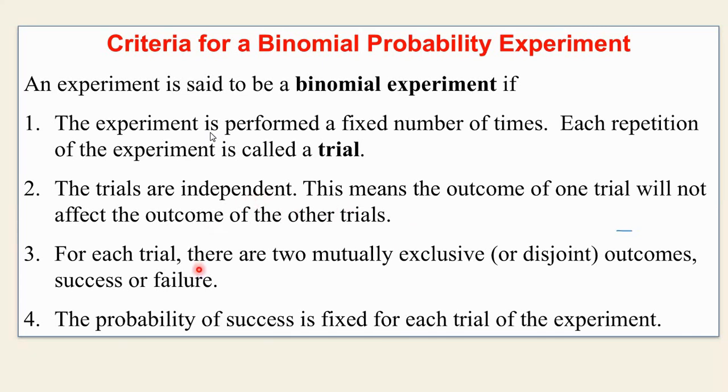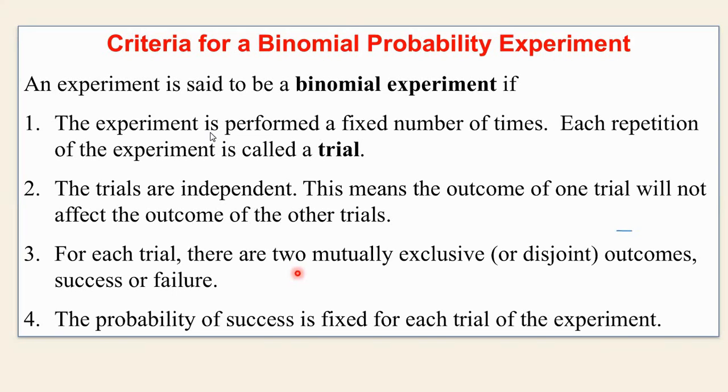Third one: for each trial, there are only two mutually exclusive outcomes. There should be only two mutually exclusive outcomes. Tossing a coin is a perfect example. Right? You can get only two outcomes, and these two outcomes cannot occur at the same time. So, head or tail.